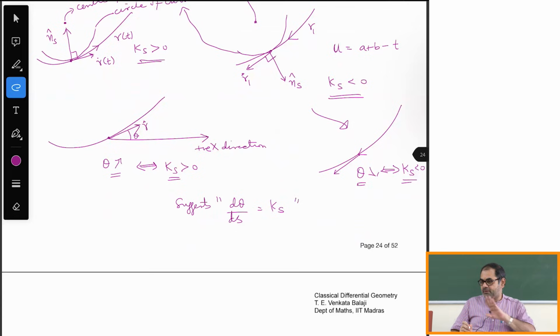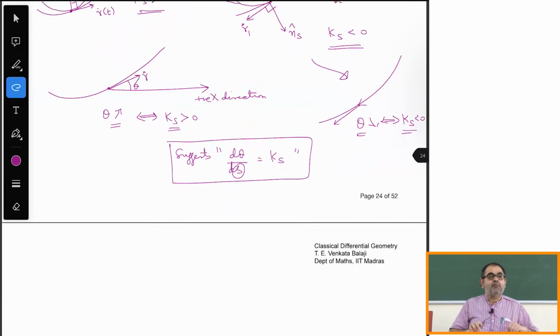I'm writing it in quotes because I have still not justified things. You must understand that I have put s here. I have taken the arc length parameterization. At the back of your mind, why I am doing this is because I need a unit speed parameterization whenever I want to talk about anything, and the unit speed parameterization is given by parameter equal to arc length. So I just want to give some motivation.